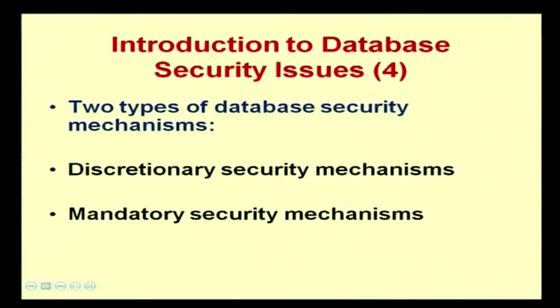Basically, the security and authorization system of a database is responsible for ensuring that only certain portions of the database are accessible to certain people, that is, especially the secured portions of the database should not be accessible to unauthorized users. So, two types of database security mechanisms are available. The first one is called discretionary security mechanisms and the second is called mandatory security mechanisms.